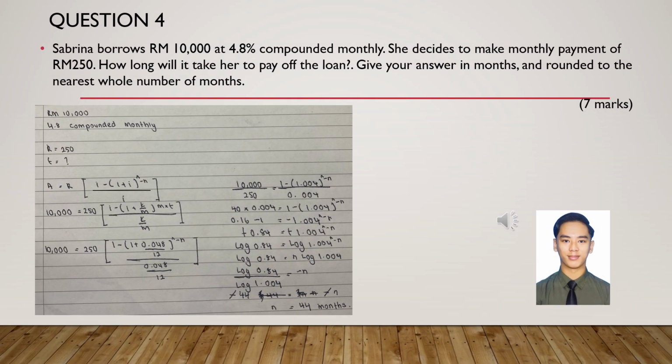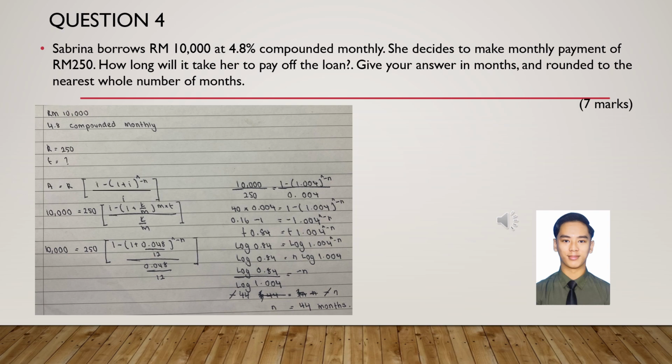Okay, so for question 4, you guys can use the formula A equals R bracket 1 minus bracket 1 plus I power negative N over I. So 10,000 equals 250 bracket 1 minus bracket 1 plus K over M power negative N over K over M. So 10,000 equals 250 bracket 1 minus bracket 1 plus 0.048 over 12 power negative N over 0.048 over 12.